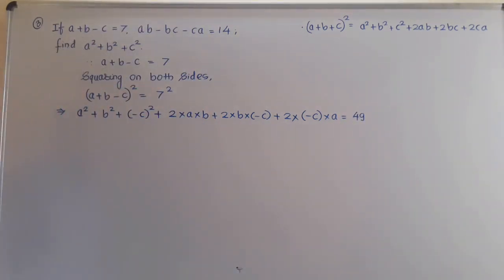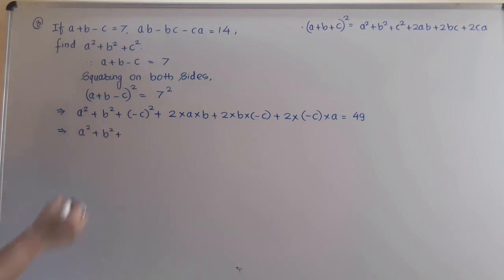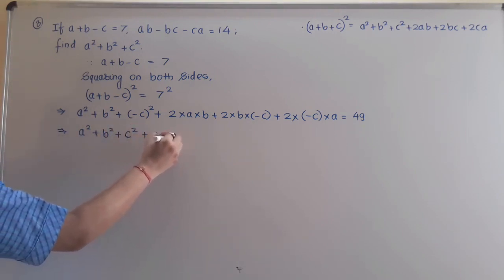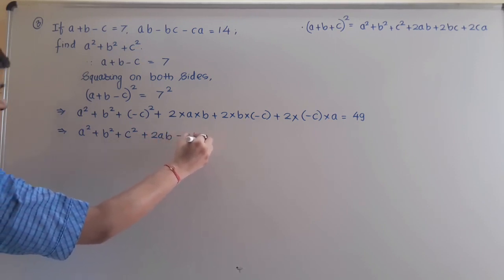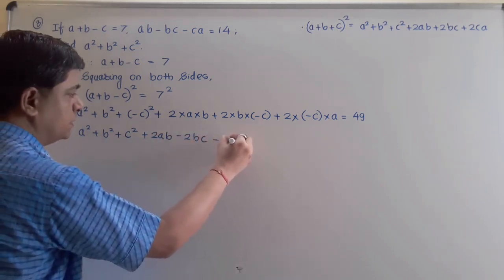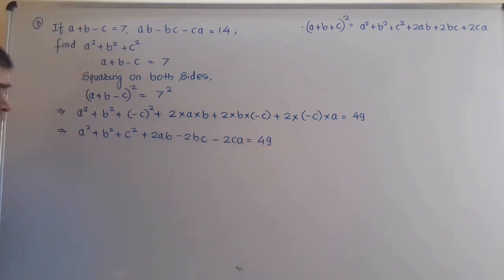Now let us simplify further. So it can be a square plus b square plus, minus sign will eliminate here, c square plus 2ab minus 2bc and then minus 2ca, because plus into minus will become minus, is equal to 49.